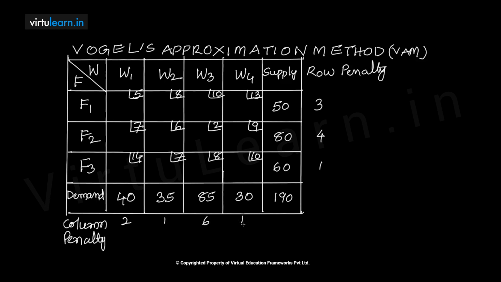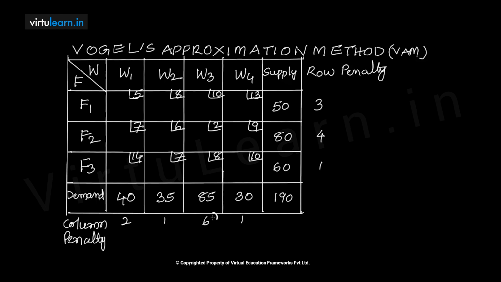Now after identifying these row penalties and column penalties, wherever we find the highest penalty, in that row or column we have to make allocation. If you examine here 3, 4, 1, here you find 2, 1, 6, 1. So this 6 is the highest.